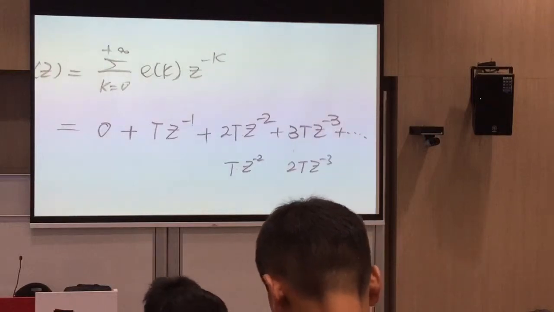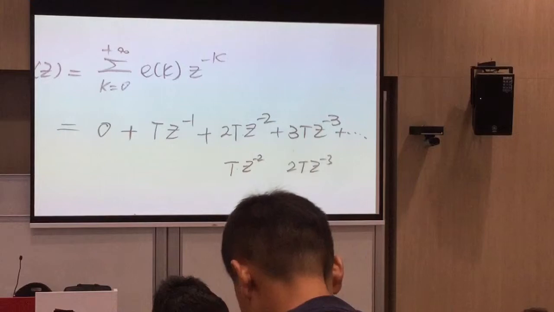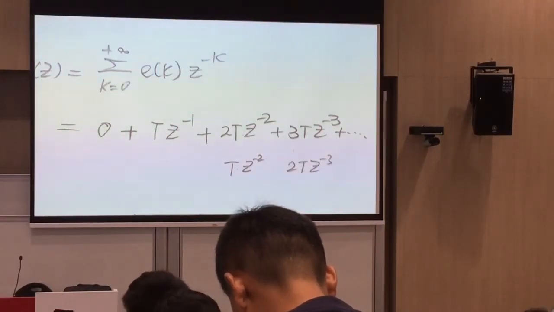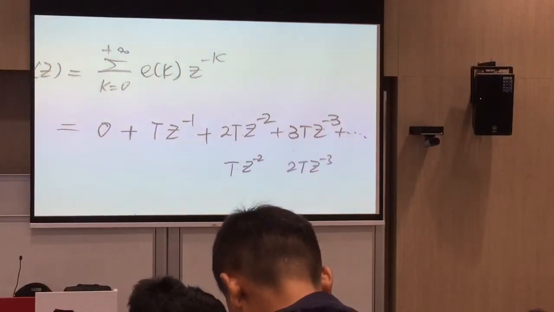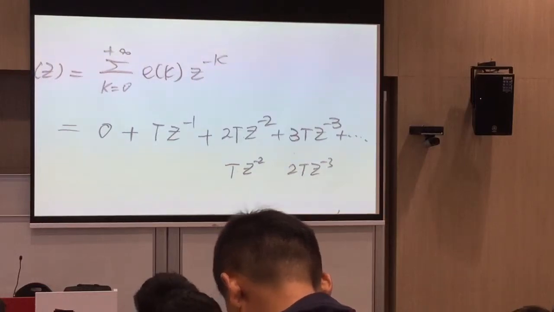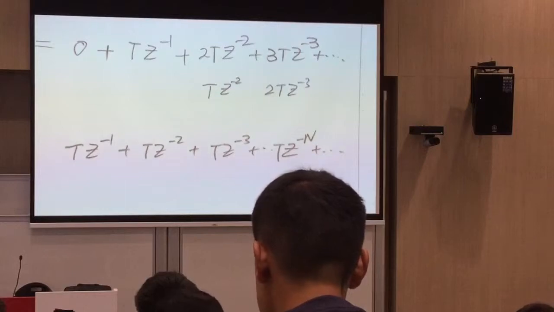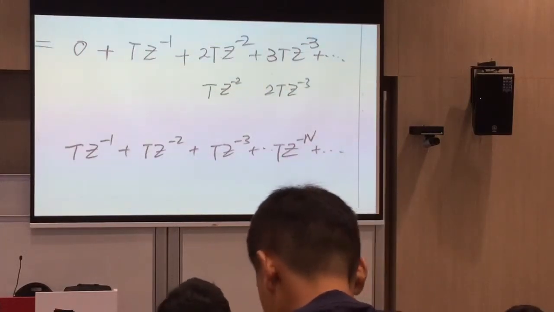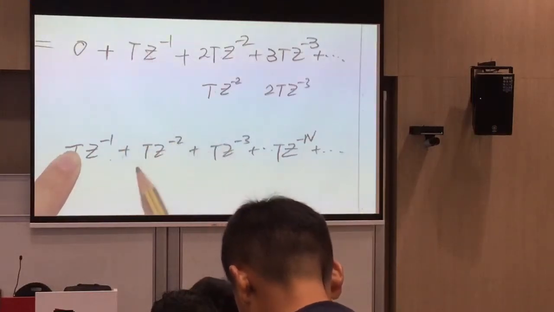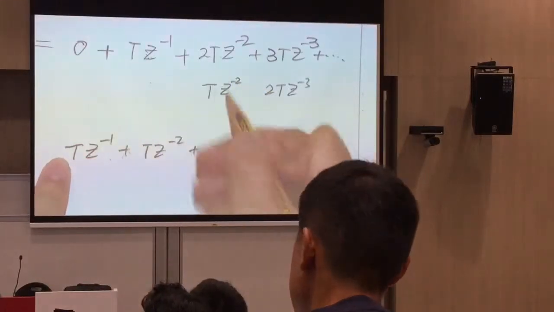Because my target is to get something like this, a unique geometric series, and then I can get the summation. So in order to get this one, I need to do something from this one.